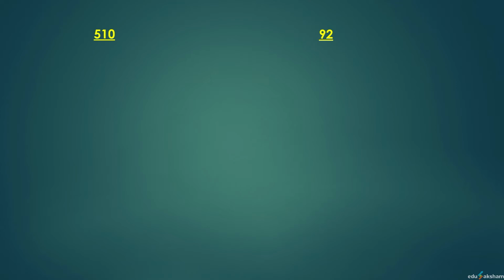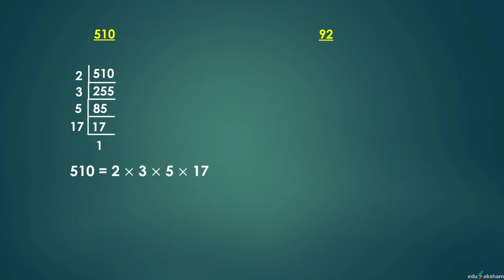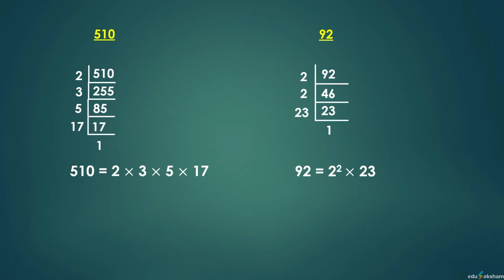Moving on to the next pair of integers, which is 510 and 92, we will first find the prime factors of 510. Its prime factors are 2, 3, 5 and 17. Therefore, 510 can be expressed as 2 into 3 into 5 into 17. For the number 92, its prime factors are 2, 2 and 23, and 92 can be expressed as 2 square into 23.